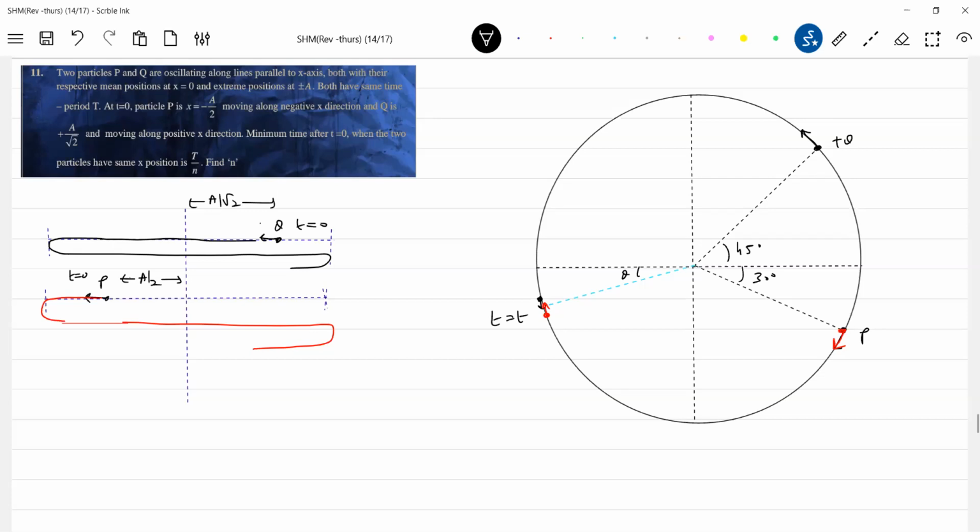What shall we do here now? They'll meet somewhere here. Green color, I'll write it here. Somewhere at this particular point, Q will be moving, and here P will be moving.